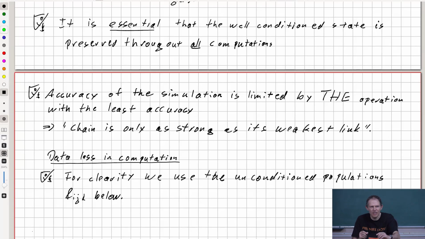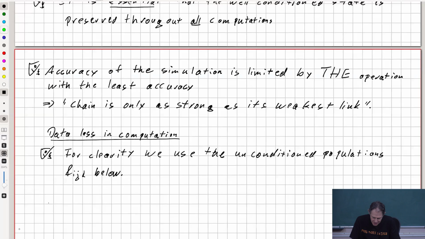Yeah, so in reality you have to combine these two things. You have to use the conditioned state and you have to use the right way of doing the computation. So let's look at one particular example of doing a computation and say this is the naive computation of the velocity.